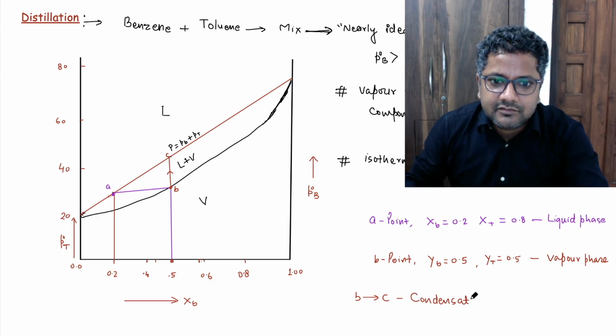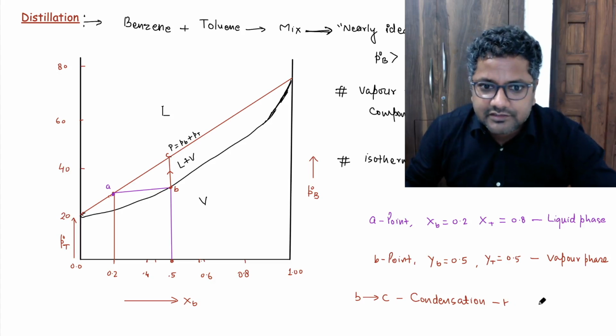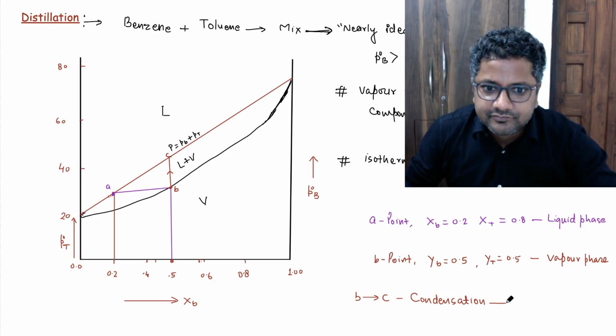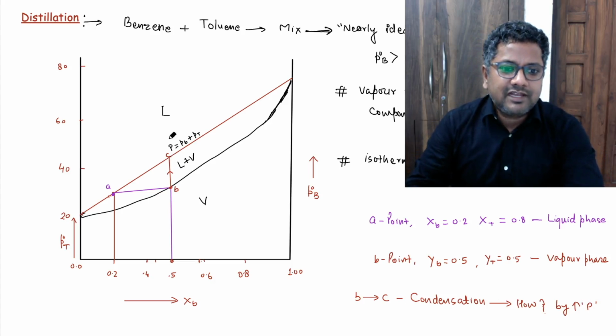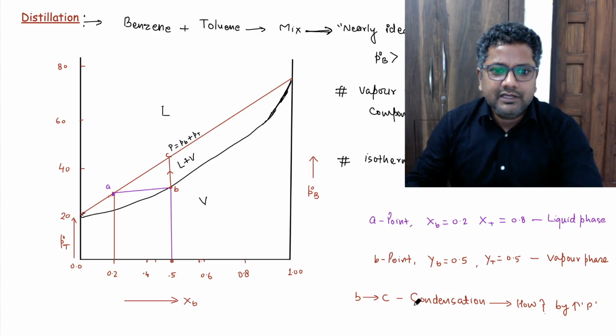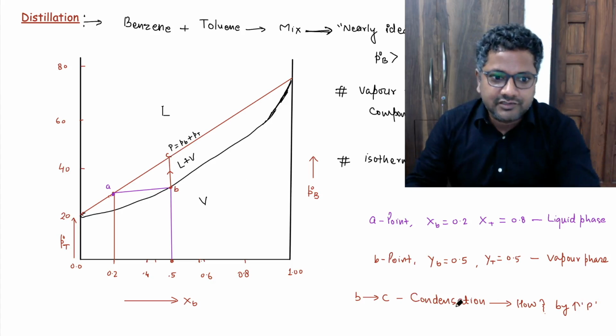How are we condensing this? The answer is by increasing pressure. You know, when you move from here to here, pressure will increase. So B to C is the condensation.